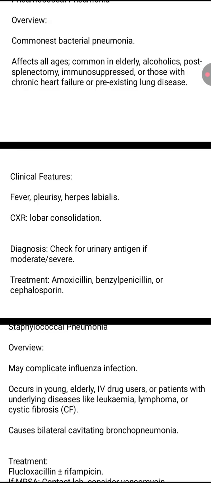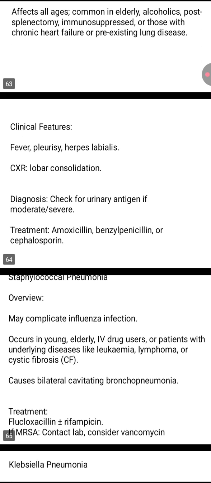Clinical features are fever, pleurisy, herpes labialis. Chest x-ray shows a lobar consolidation. Diagnosis is to check for urinary antigen if moderate to severe, and the treatment is amoxicillin, benzyl penicillin, or cephalosporin.